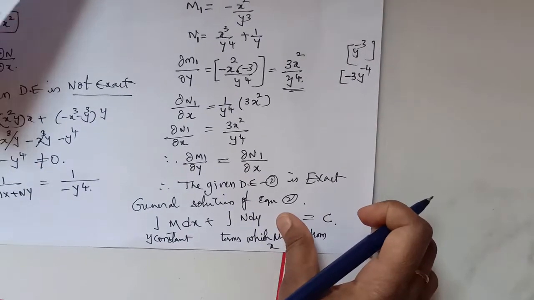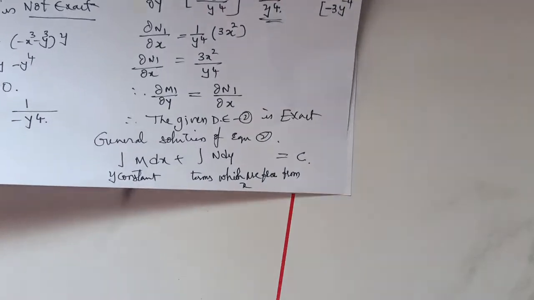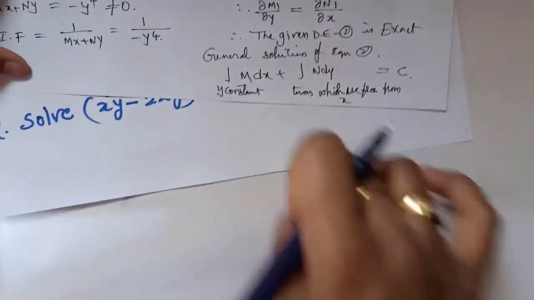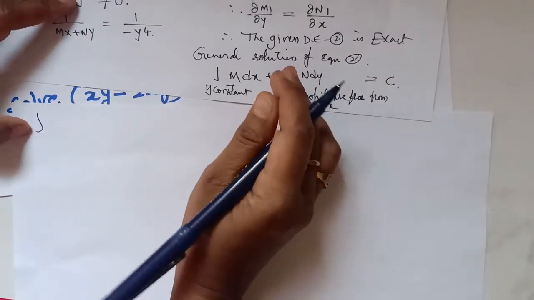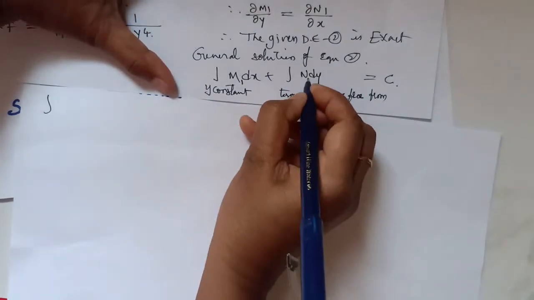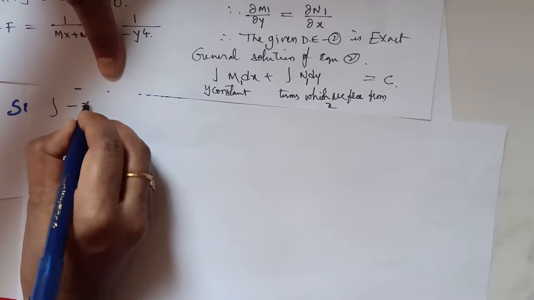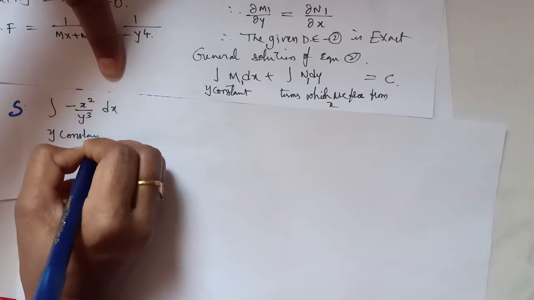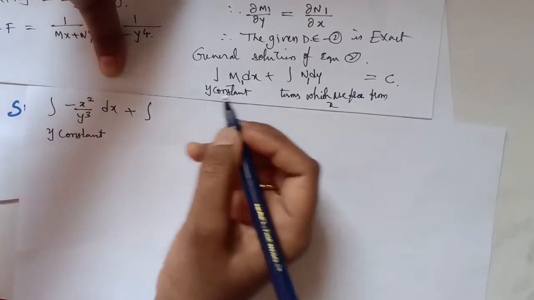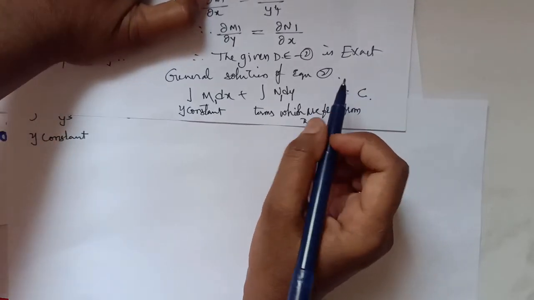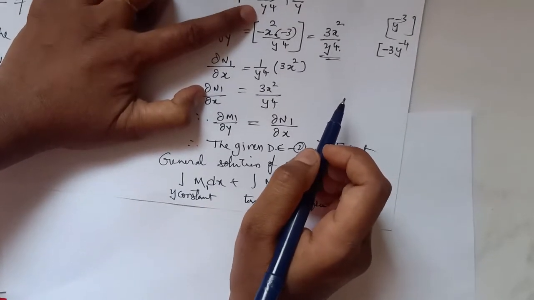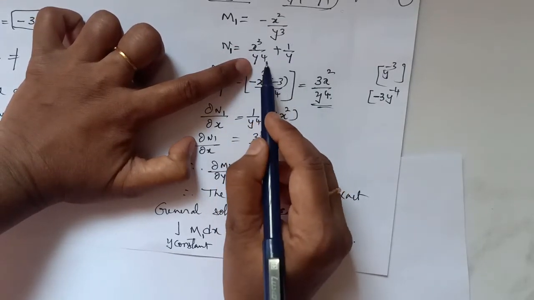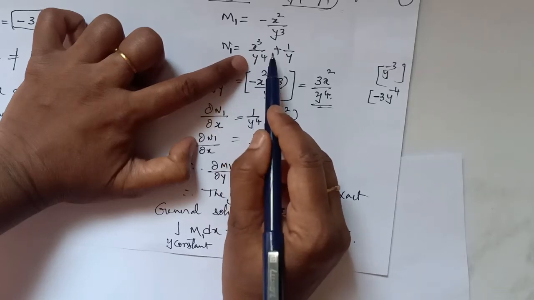Here, m is m1, which is minus x square by y cube into dx, y constant, plus integral n1, here x cube by y power 4 plus 1 by y. From this you have to write the terms which are free from x.